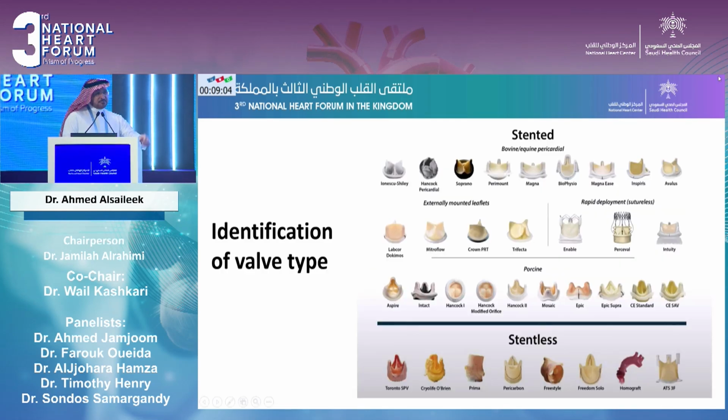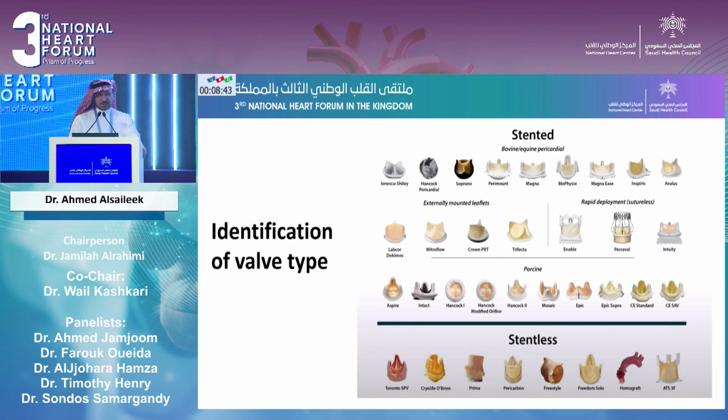I think the first step in assessment of valve-in-valve is to try to identify which valve type you are dealing with. Fortunately, most of the time you have the medical records there. You check the surgical report and you identify the valve.